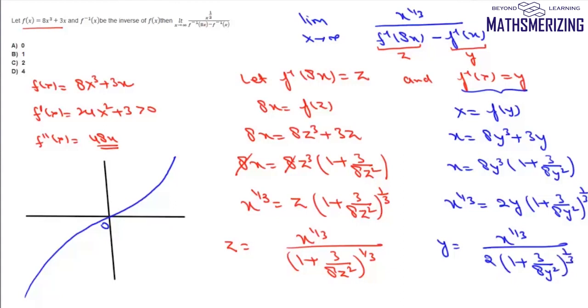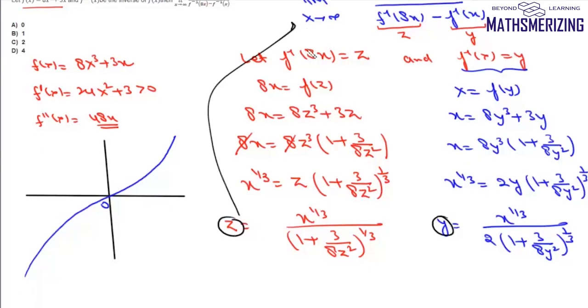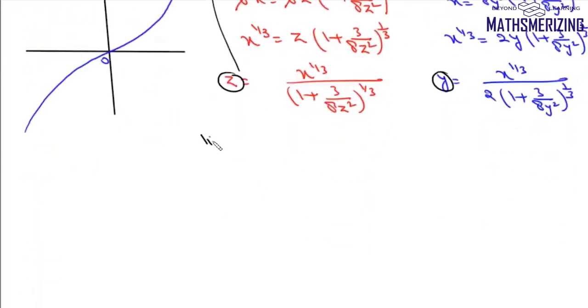Now what we'll do is, we'll put the value of z and y in this limit. Now we can write this limit as limit x tends to infinite x to the power 1 by 3 upon z minus y.